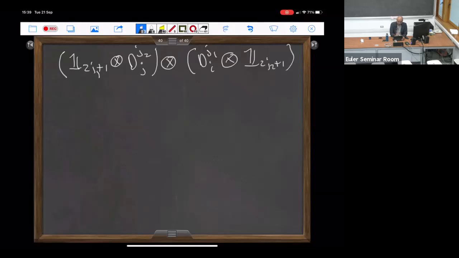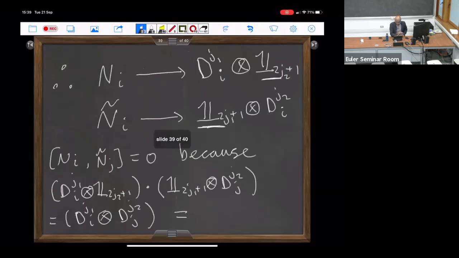That's also equal to this matrix. Sorry, typo here. The multiplication of these two matrices, which is just the multiplication in reverse order. So these matrices commute with each other.